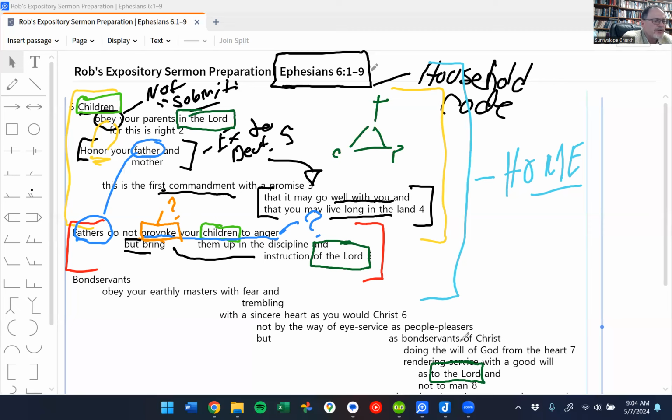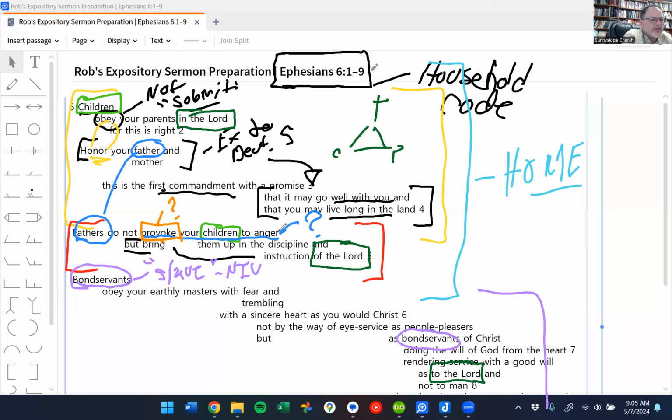All right, I'm running out of colors here, but that's okay. The word bondservants is the next section, and we'll maybe make this kind of purple here. Bondservants. That's an important word. Some English translations choose the word slave, and I think that's unfortunate because when we think of slave, the NIV I know does it.